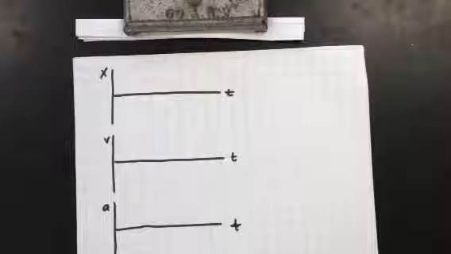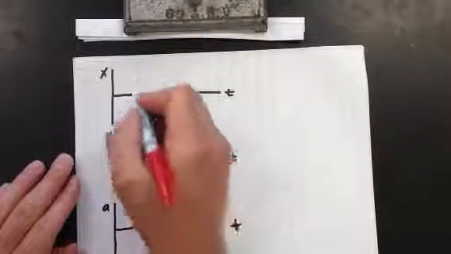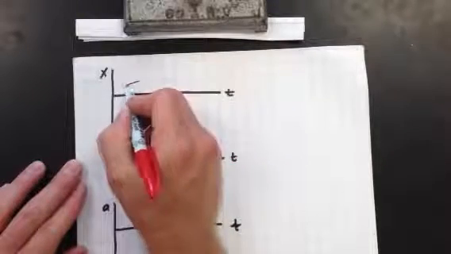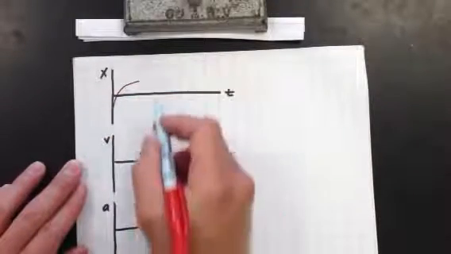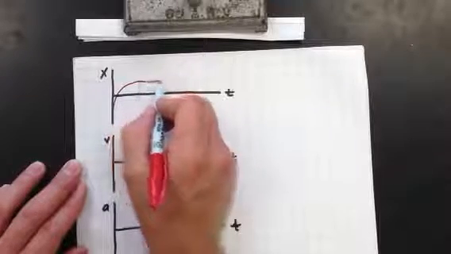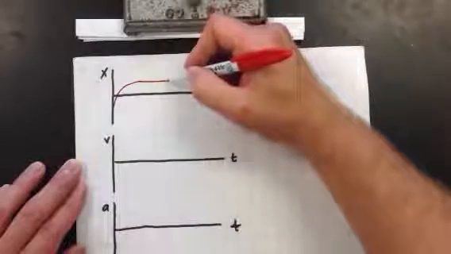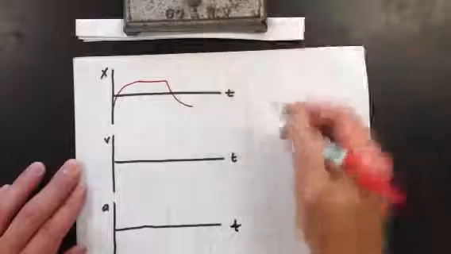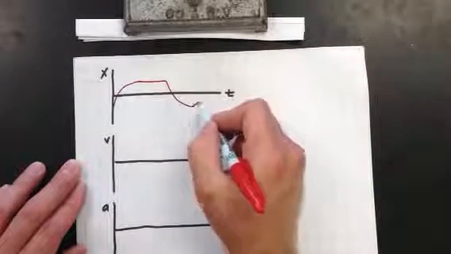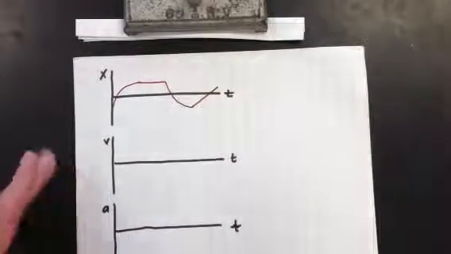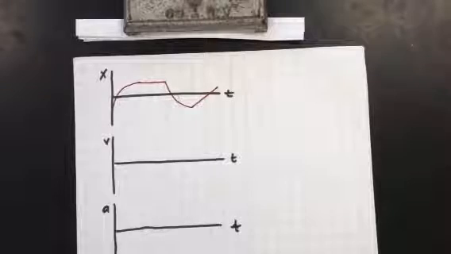And let's get a graph on there. I'm just going to randomly draw some type of shape here. That should look familiar to you. Throw one more in there. Okay, so there's a graph of the position of an object with respect to time.